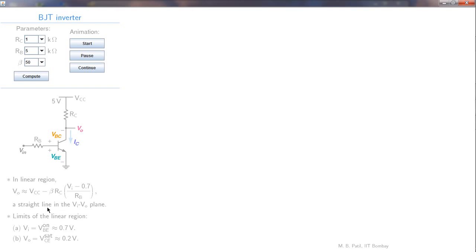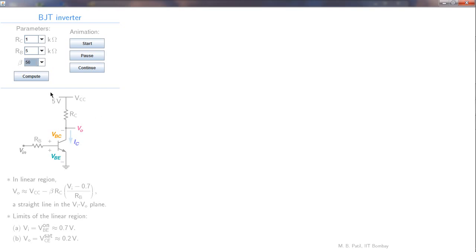What are the limits of this equation, the validity of this equation? First, when VI is less than 0.7, the transistor is in the cutoff mode, so this equation is not valid. And when VO becomes VCE sat, or 0.2 volts, then this equation ceases to be valid. So those are the limits. Between those two limits, the transistor is in the linear region and we can use this equation.